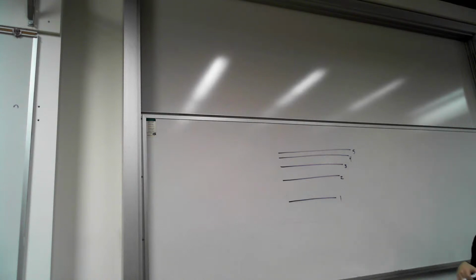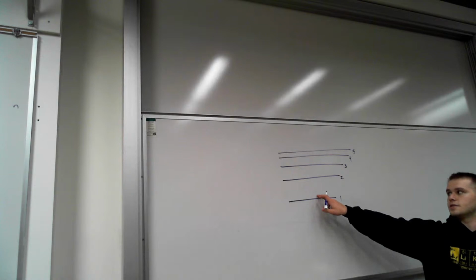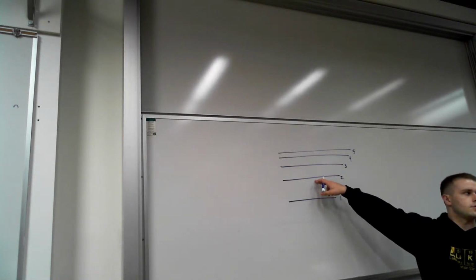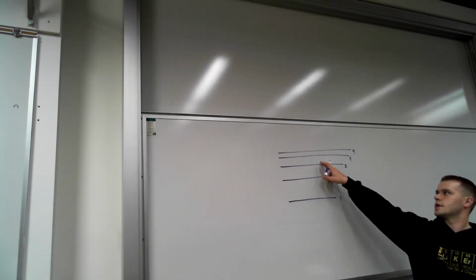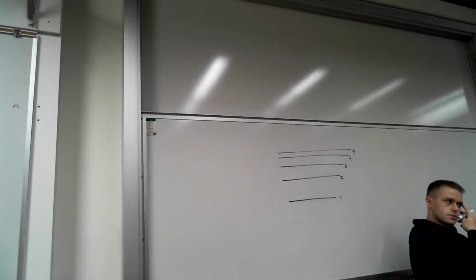So the distance and accordingly the energy change from the levels decreases as you go up. So if you have an electron here, it takes more energy to excite it from 1 to 2 than it would to excite it from 3 to 4. Does that make sense?